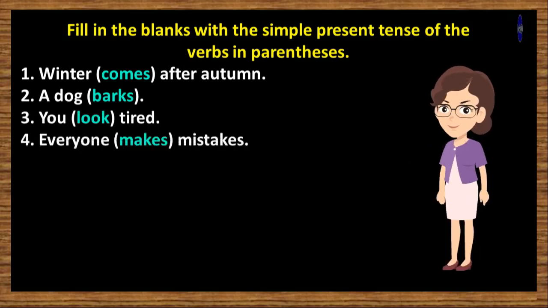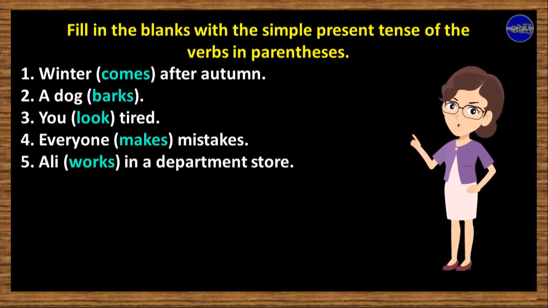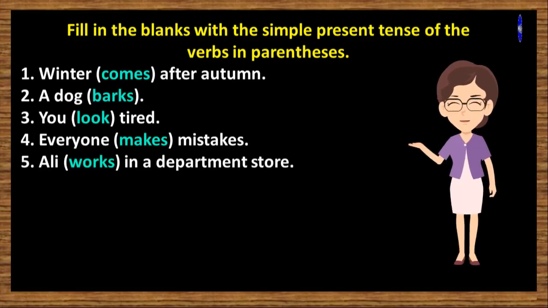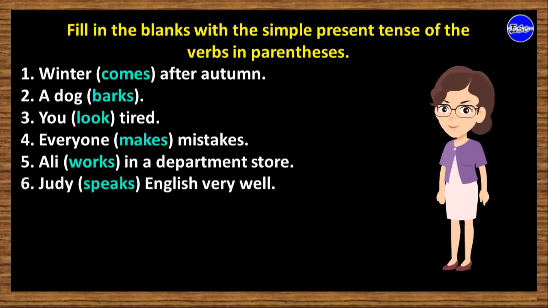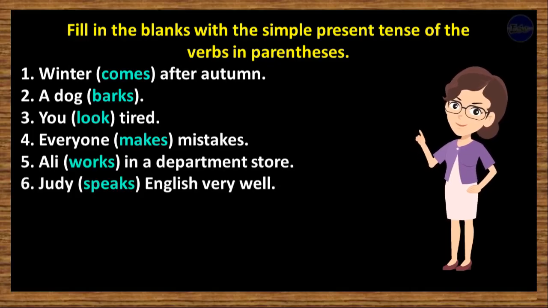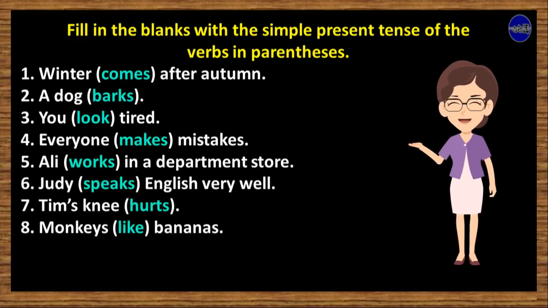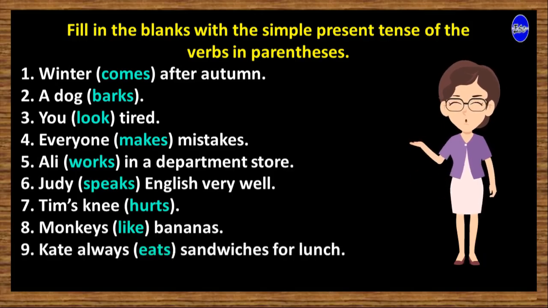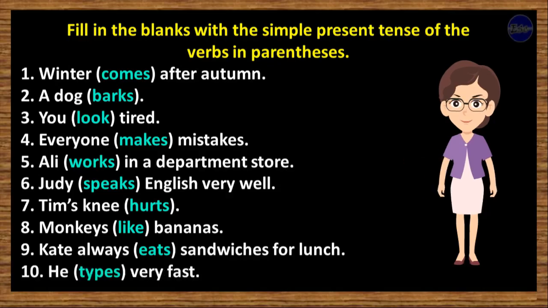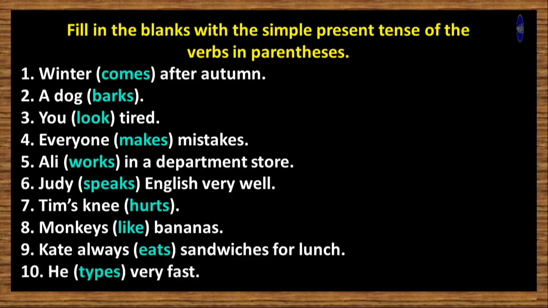Everyone makes mistakes. 5. Ali works in a department store. 6. Judy speaks English very well. 7. Tim's knee hurts. 8. Monkeys like bananas. 9. Kate always eats sandwiches for lunch. 10. He types very fast.